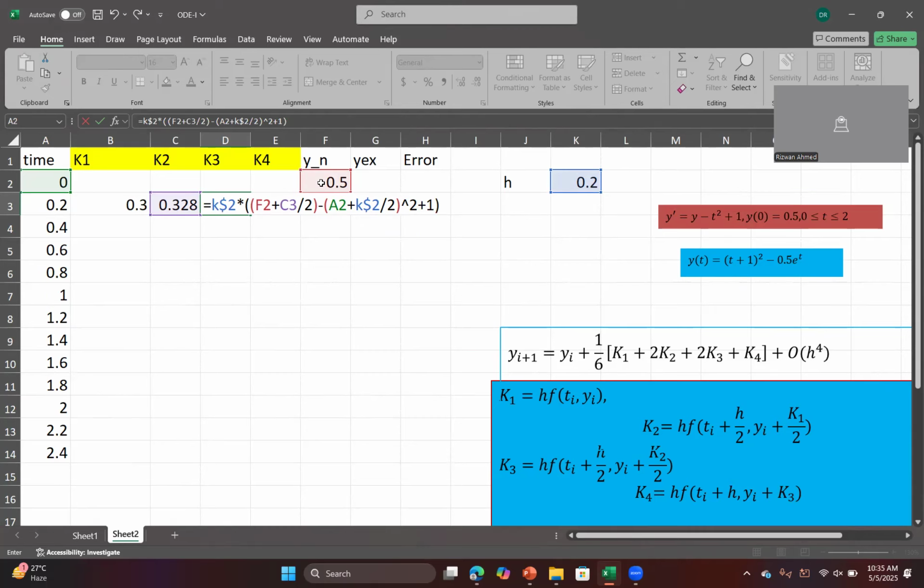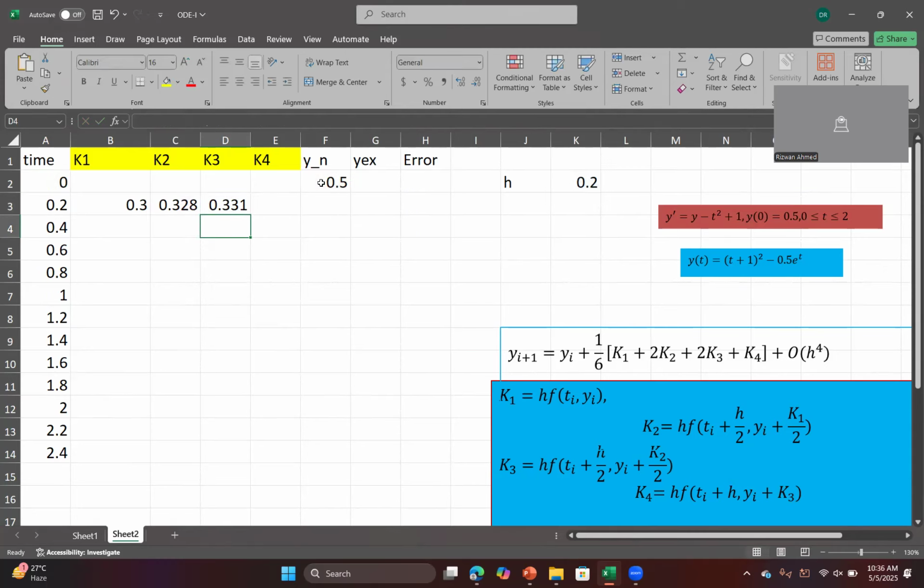In Microsoft Excel, it is rather tedious, a very careful business. Therefore, we prefer other programming languages where it's just a matter of providing the arguments to the defined function. Okay, K3 has also been calculated.